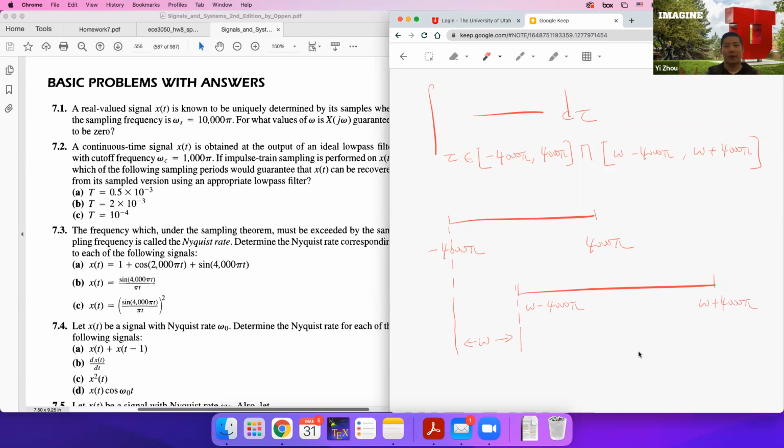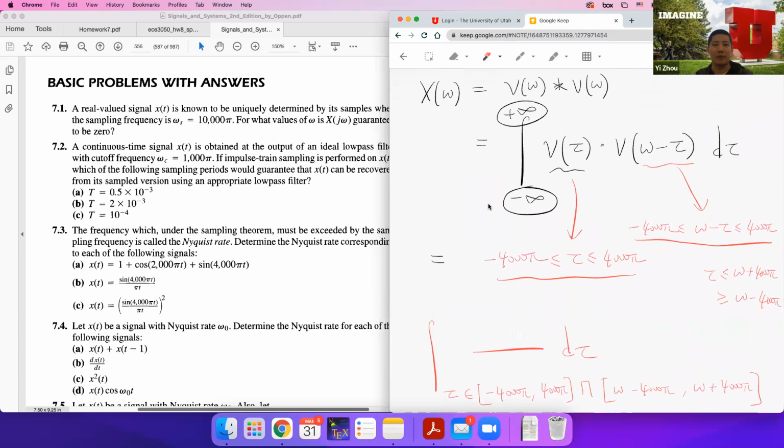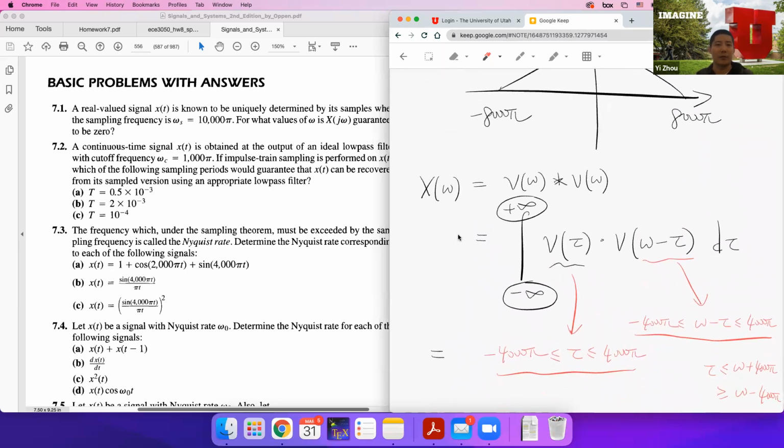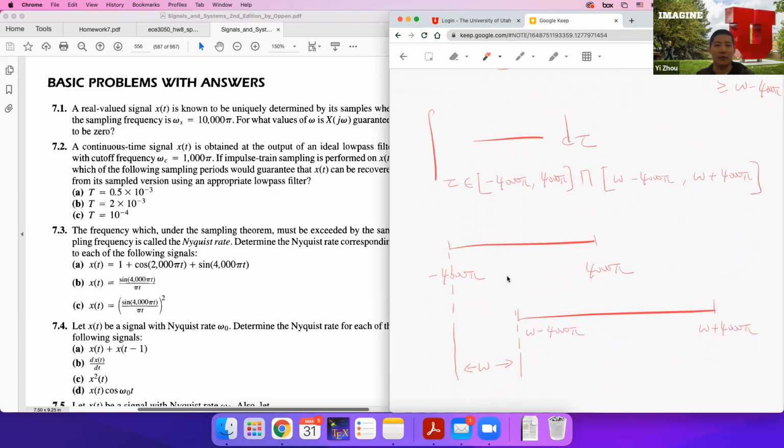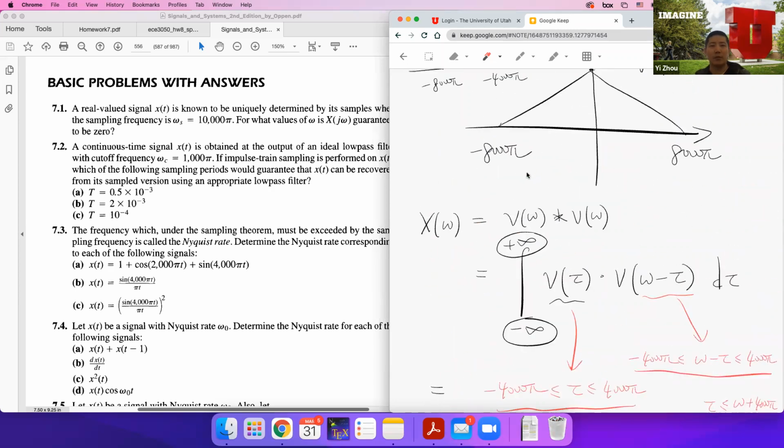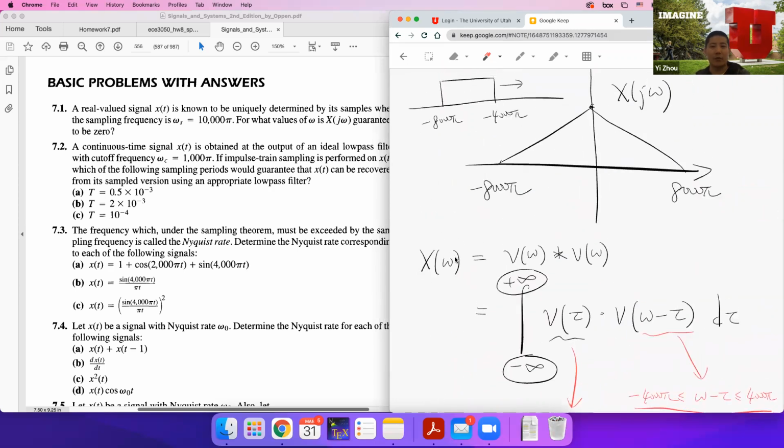Whenever these two intervals have a non-empty intersection, the integration is not zero, so the signal will not be 0. Otherwise, if these two intervals do not intersect each other, then the integration will be 0, which means the convolution signal will become 0.